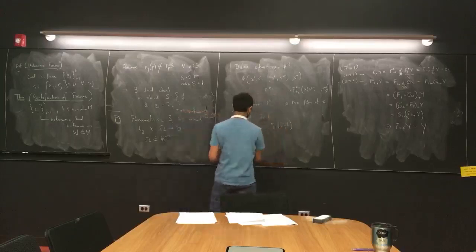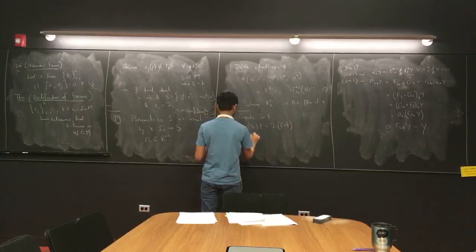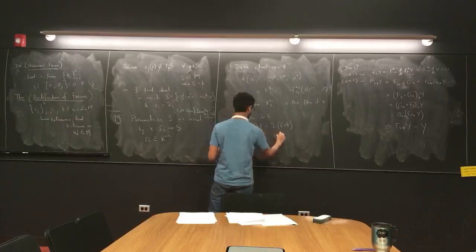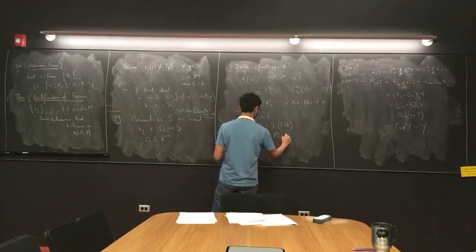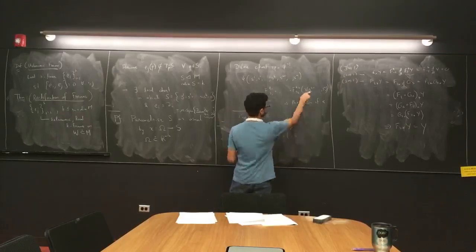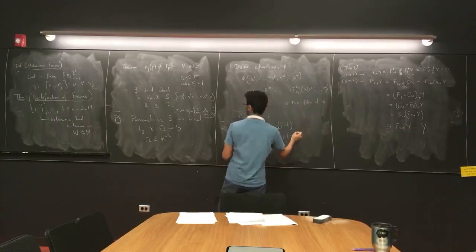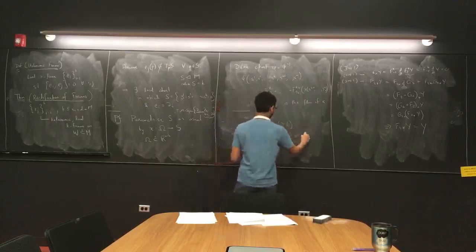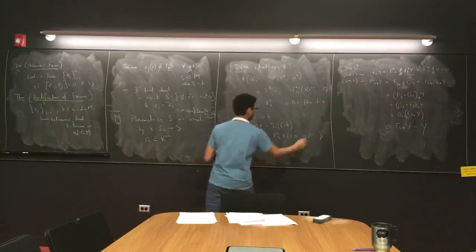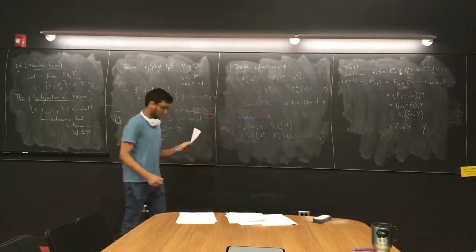Psi is this, so this is del_i f composed with F^(E1)_(s1) through F^(Ek)_(sk) of x of 0, 0, where we set the first k values to 0, and then we have s_(k+1) all the way to s_m.